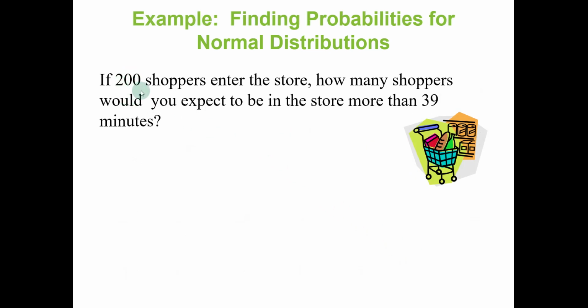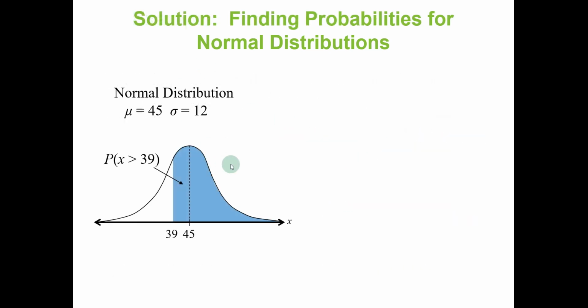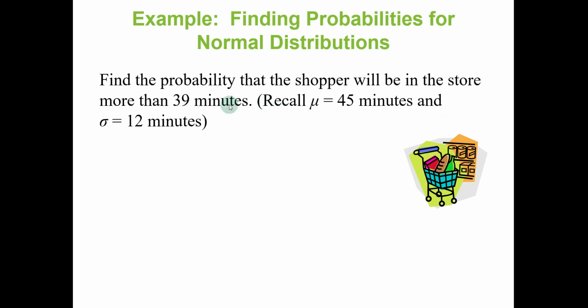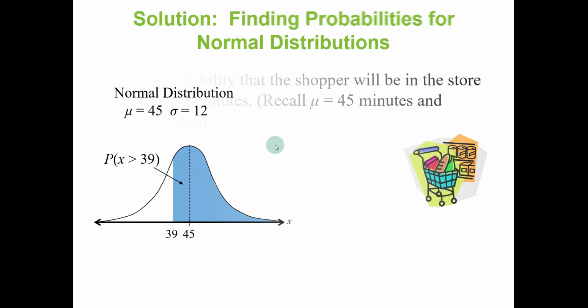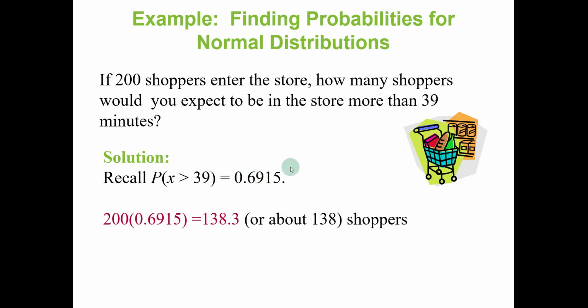It says, if 200 shoppers enter the store, how many shoppers would you expect to be in the store more than 39 minutes? Note, it's the same question we are talking about. This is just a continuation. So what you do is that you simply multiply 200 by that value.